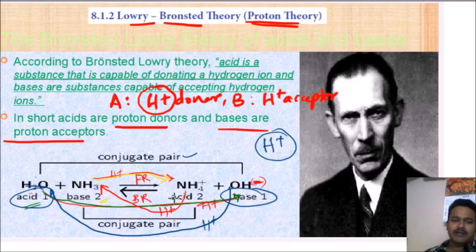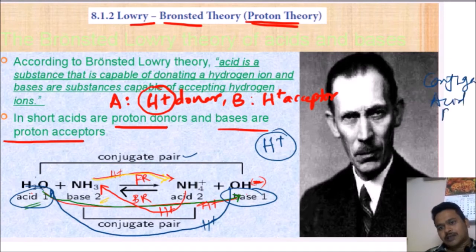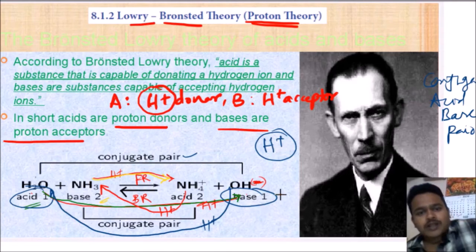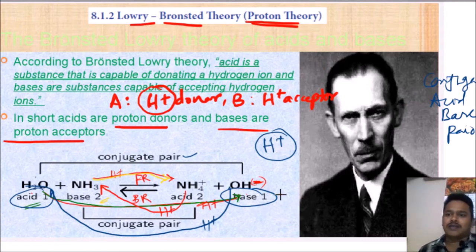That is also correct, but many books use the term conjugate acid-base pair. They differ by only one proton, that is a conjugate acid-base pair.